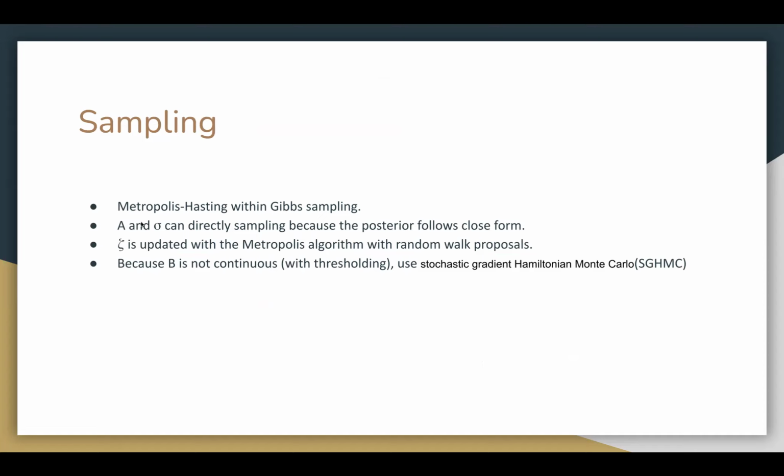But for the mixing matrix and the noise part, they're basically using Gibbs sampling because their prior form can be used directly with the MCMC sampling process.